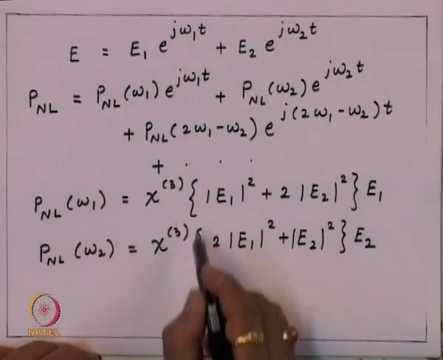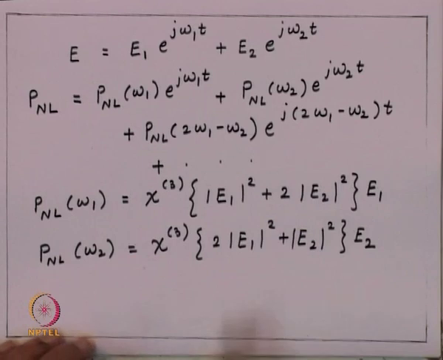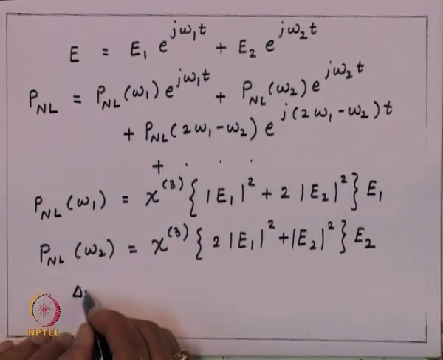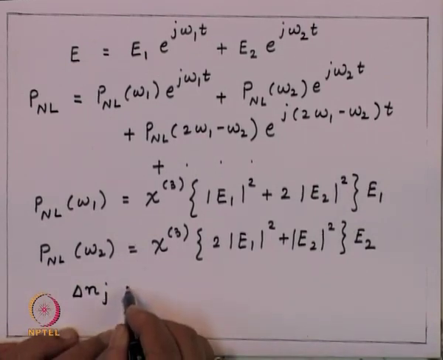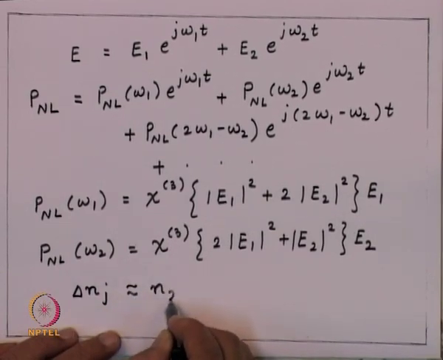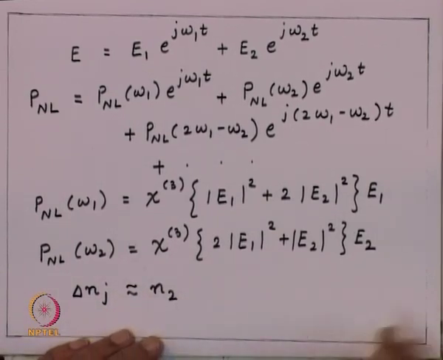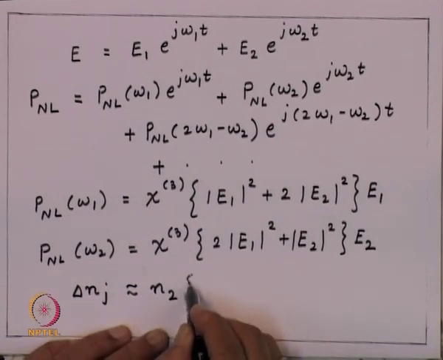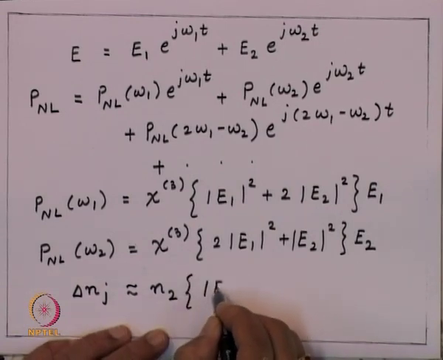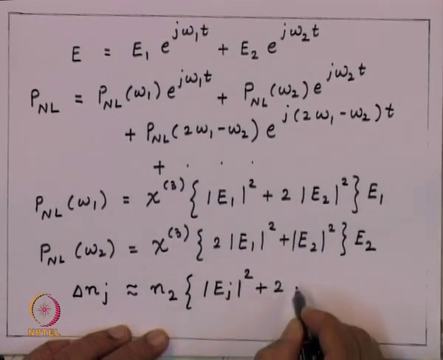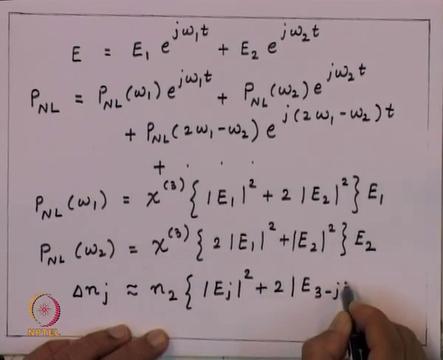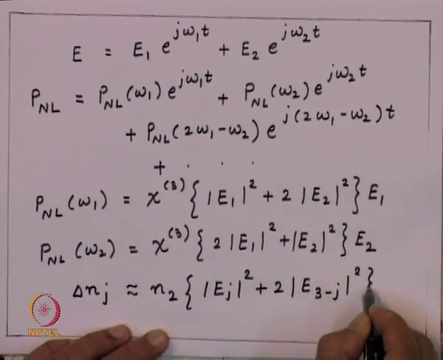And then because of this nonlinearity, the change in refractive index delta n at jth frequency, where j could be 1 or 2, is given by this nonlinear coefficient n2 times mod of E j square plus 2 times mod E 3 minus j square.